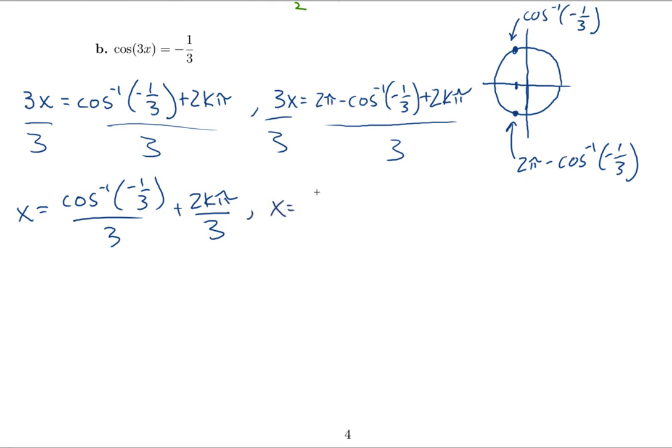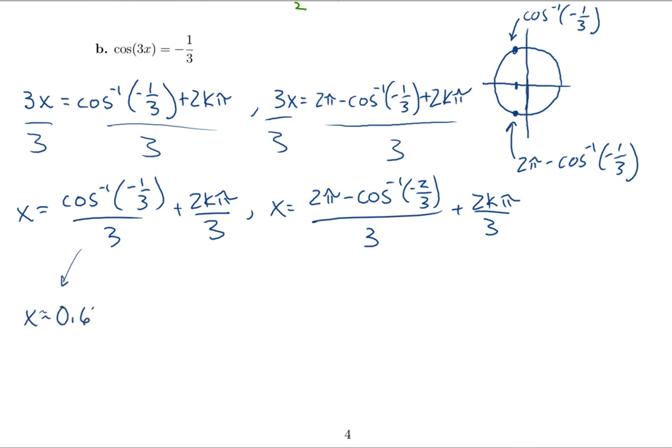And x equals, like I said, everything is being divided by 3, so I'm going to take 2 pi minus the cosine inverse of negative 1/3, both of those divided by 3 plus 2k pi over 3. All right, and I can do the same thing I did in the last one. I'm going to plug this in to get 0.64.